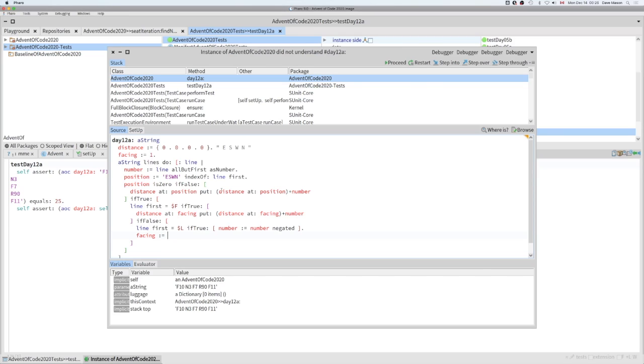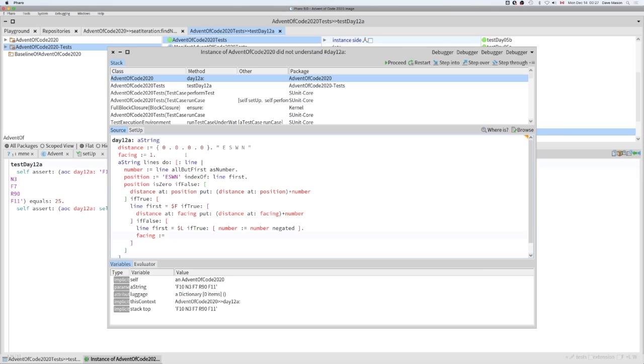That'll give us a number of steps to turn. But we need to wrap around because there's only 4 elements of the distance array, so facing always has to be a number between 1 and 4. So we have to calculate it mod 4, but we also have to subtract 1 because mod gives us a number between 0 and 3.